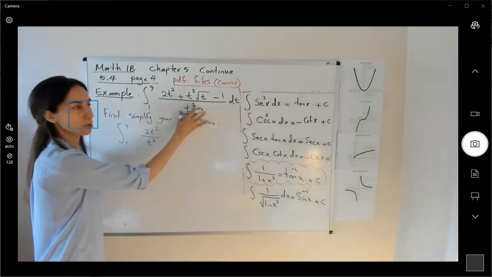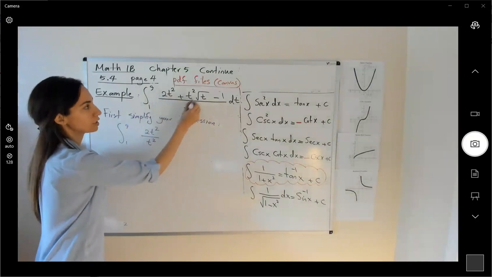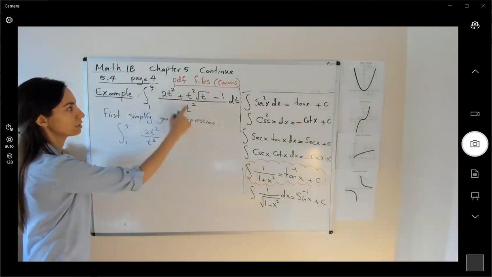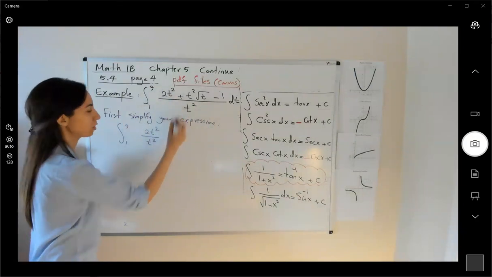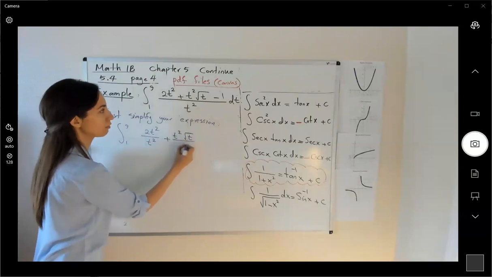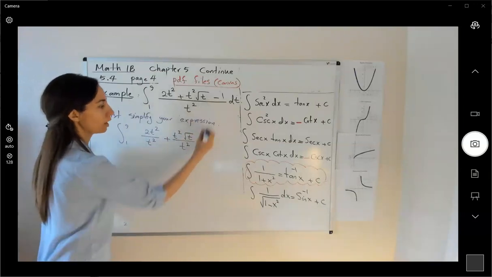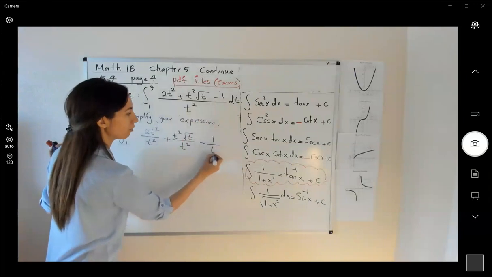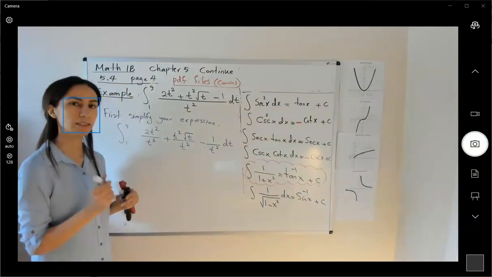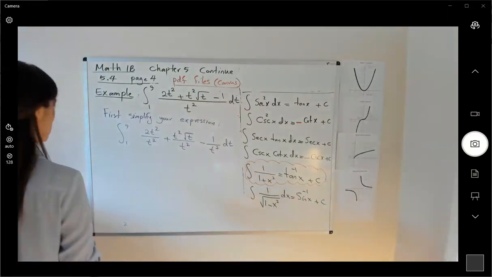This is the common denominator, so we can divide each of these terms by t squared: 2t squared divided by t squared plus t squared square root of t divided by t squared minus 1 divided by t squared dt. Then simplify.